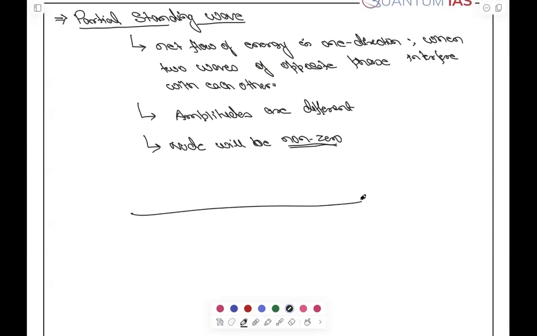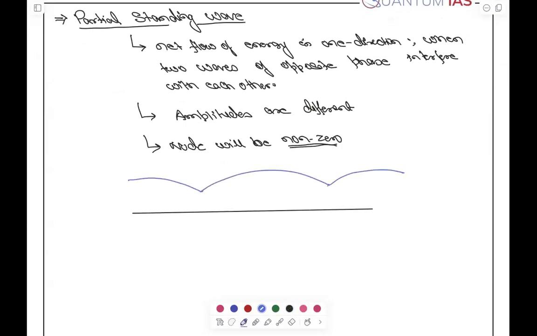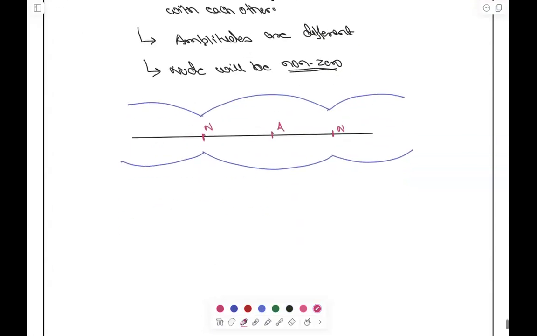Something like this. Right now this point is again the minimum, so I will call it a node. This is my minimum, I will call it a node. This is the maximum, I will call it an antinode. See, node and antinode are on the line of the wave, right? Let's do this. So what can I write here, what will be y here?